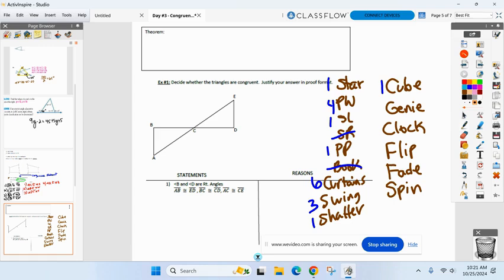Genie. Clock. Flip. Fade. Spin. The ones you forgot were page curl, where it curls from the corner. And then there's drop. All right, we ready? Curtains it is. No homework this weekend if it's curtains. It's gonna be the page flip. No, it's gonna be pinwheels. Everybody, we ready? Curtains is up.